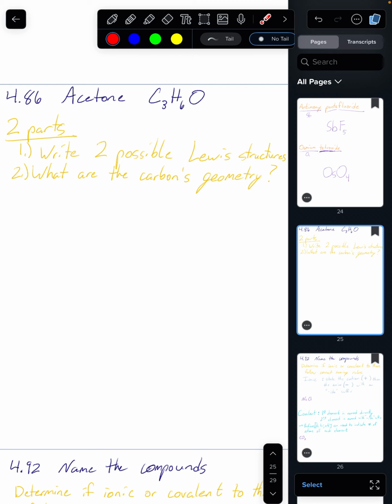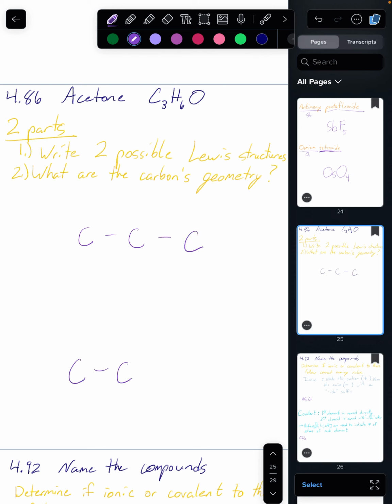So now we're on to acetone. And that is C3H6O. Okay. So we know there's 3 carbons. So we can start there. We know they're all connected to each other.